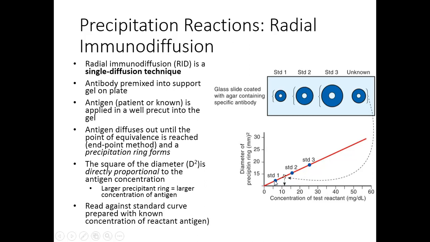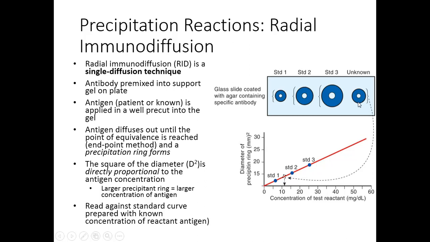So standard 1 had probably 8, standard 2 was probably 16, and standard 3 was 18 or something. But really it makes sense. The larger the precipitant ring, the larger the amount of antigen we first put in. Perfect sense, right? This was a 3-point standard curve.